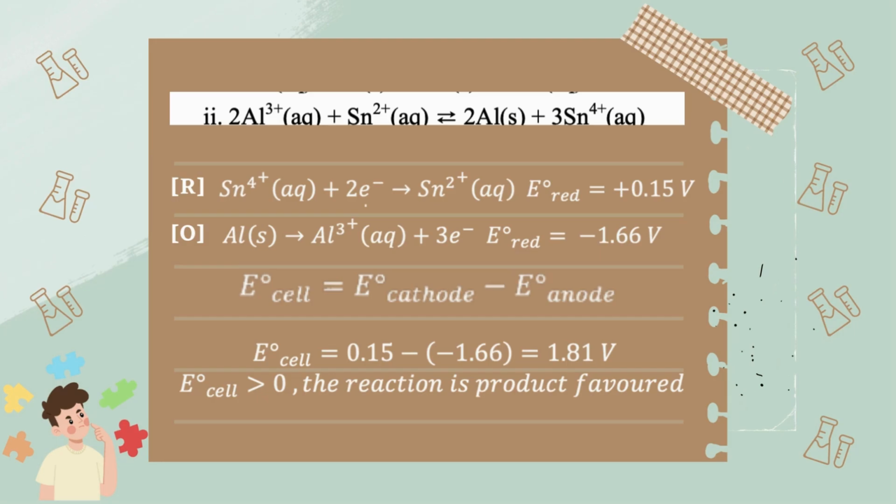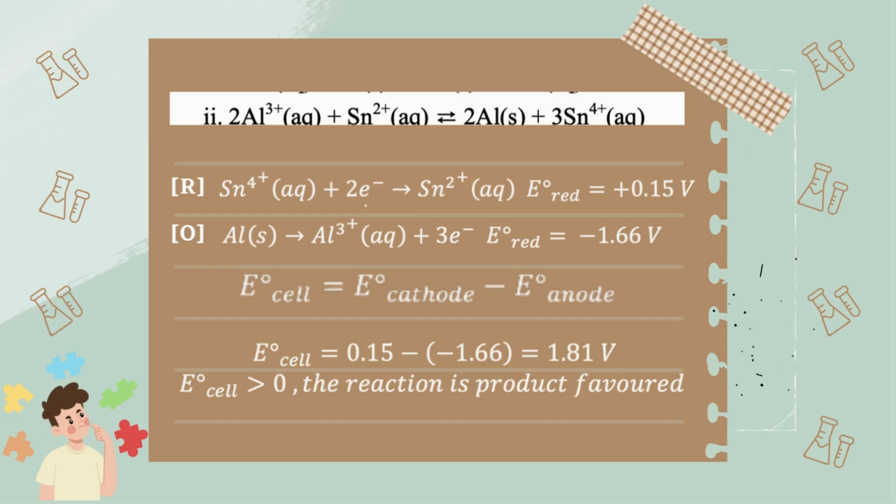Tin 4+ is reduced to tin 2+, and the reduction potential for this half reaction is 0.15 volt, while aluminium is oxidized to aluminium 3+, and the reduction potential for this half reaction is negative 1.66 volt.